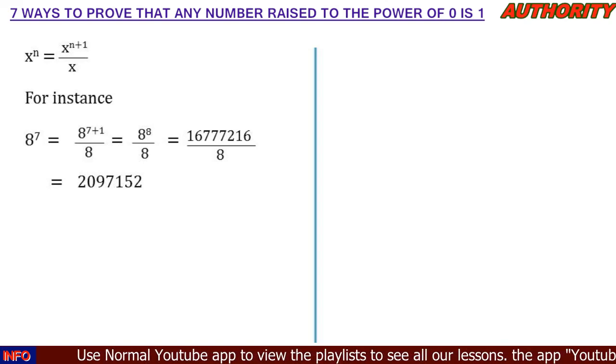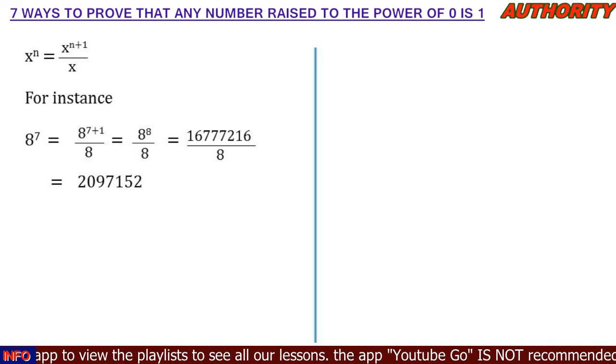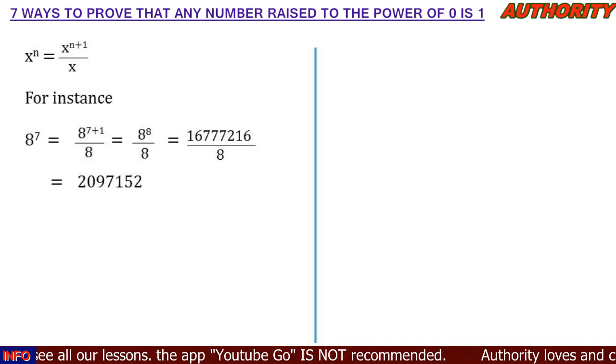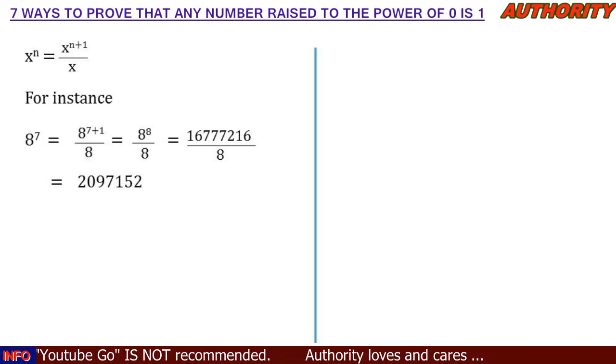Let's see what it will give you. When you punch it in your calculator, 8 raised to power 7, I am very sure it's going to give you 2,097,152. So you can see that you can go directly or you can use this formula to find it.